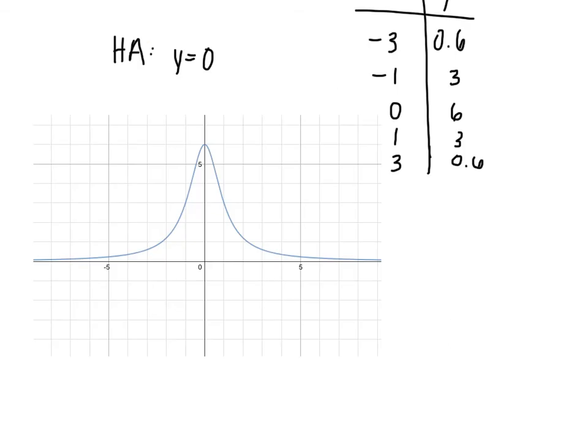So this is our graph. We see that our horizontal asymptote is the x-axis, or y equals 0, and we have all of these points. So negative 3, 0.6, negative 1, 3, 0, 6, 1, 3, and 3, 0.6.